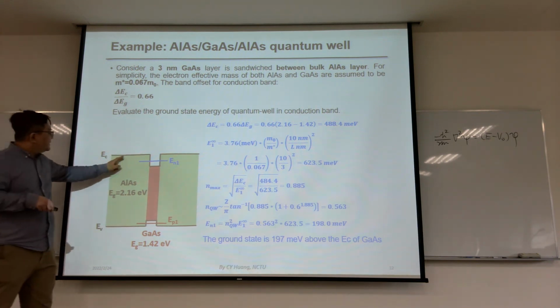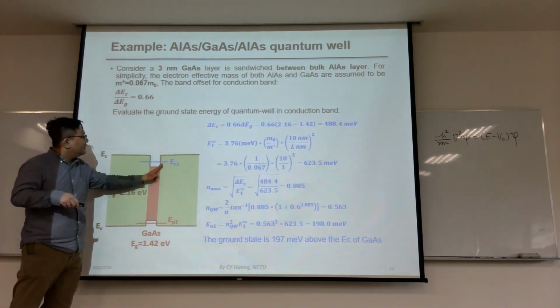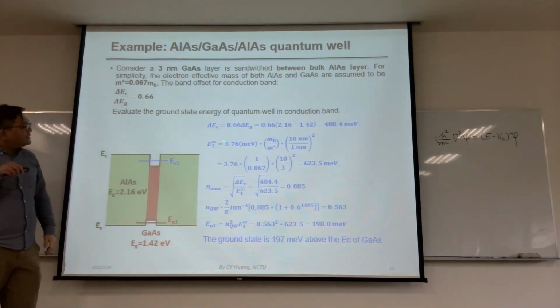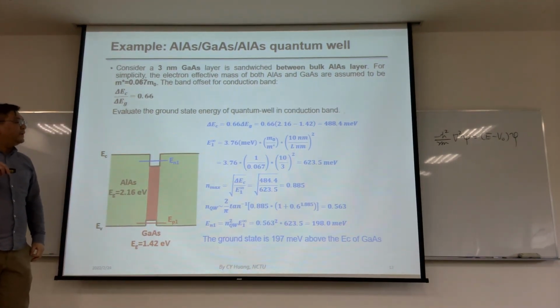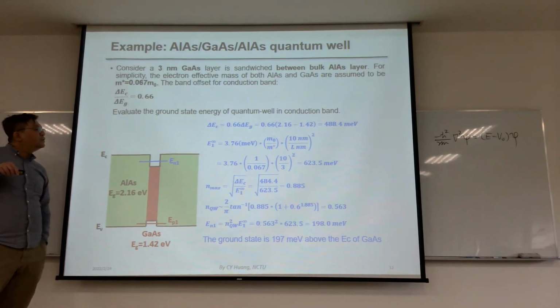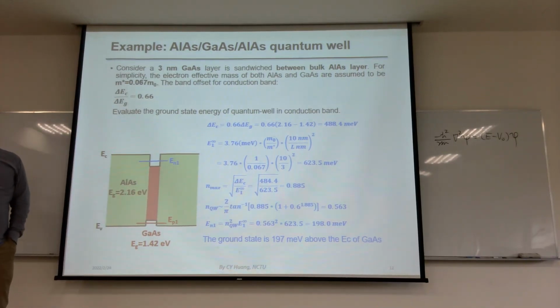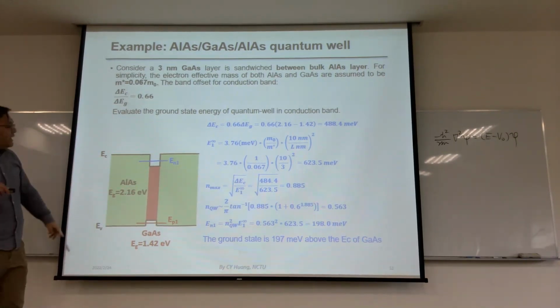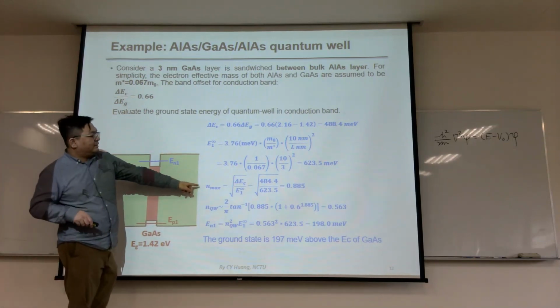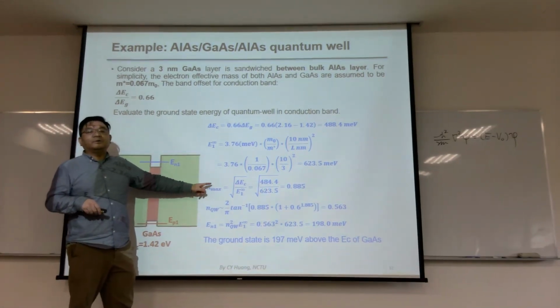So if this is the infinite quantum well, the ground state should be 623 millielectron volts. Alright, so then we can normalize the depth of the quantum well now.